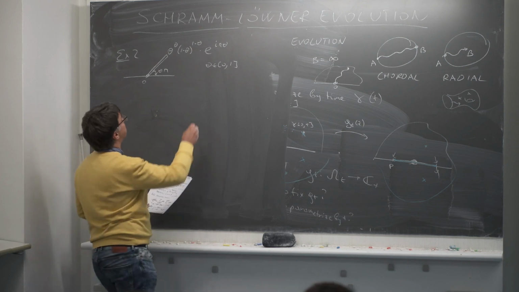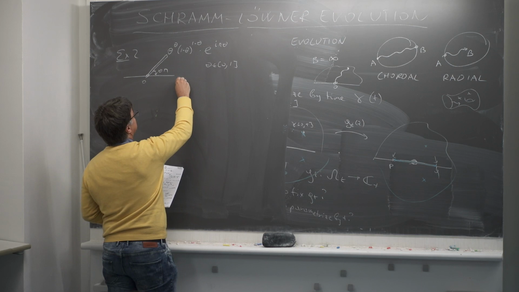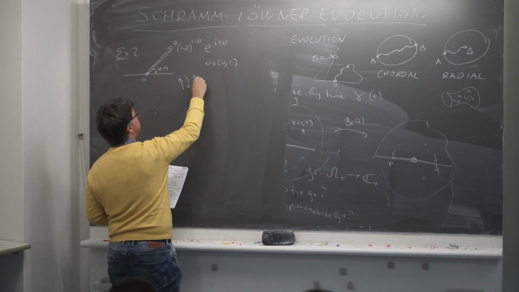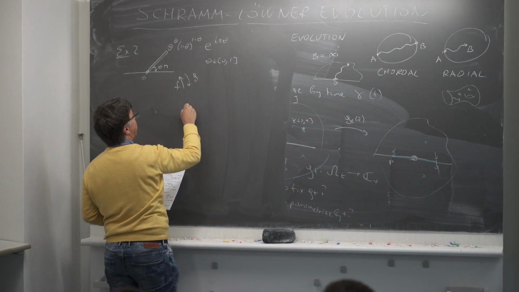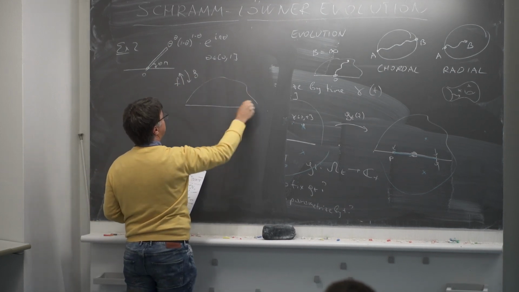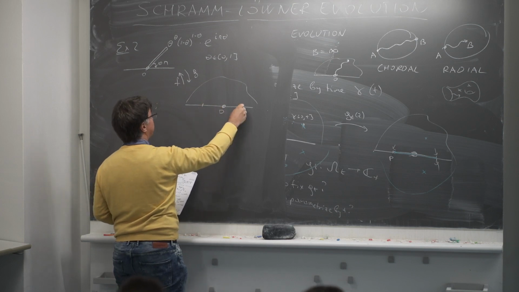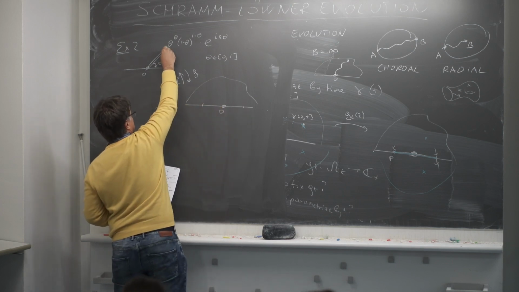So I'll just write the answer. If you take the map G and you take the inverse map F to the half plane, it turns out that you have a map which maps 0 and infinity to the tip.